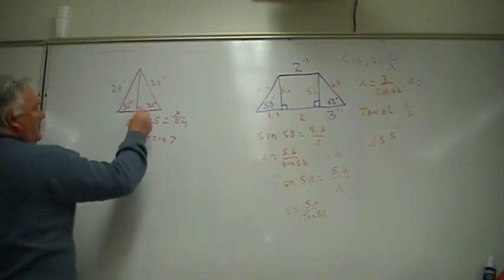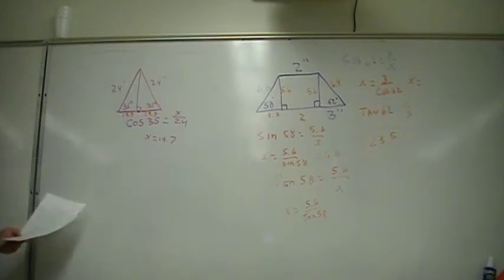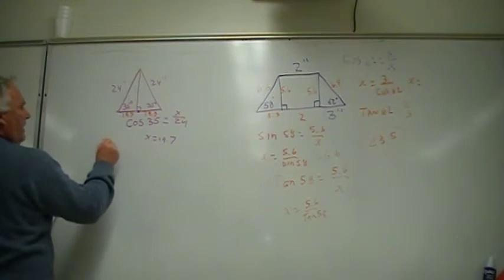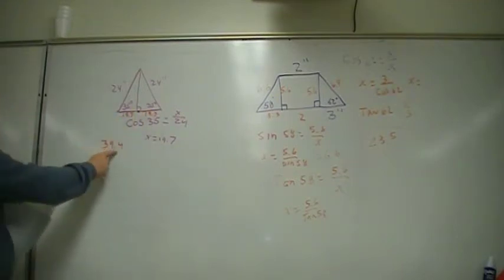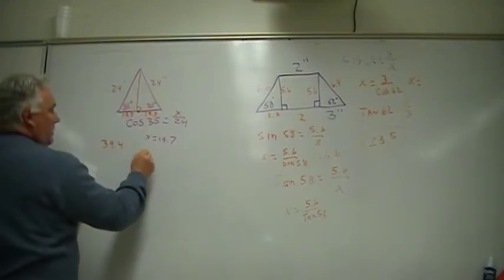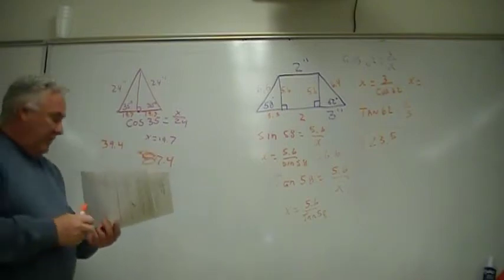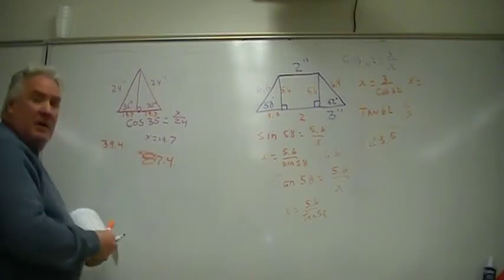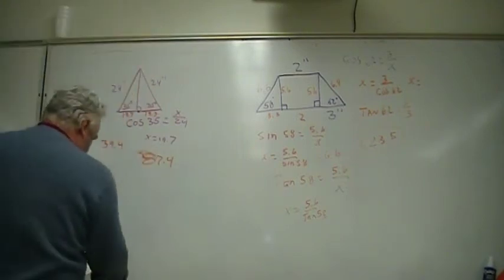So this is 19.7. That means this has to be 19.7. So the entire length is 39.4 when you add these two together. And then 39.4 plus the 24 and the 24 will give you 87.4. And that'll be the perimeter of that triangle. So that is 11 and 12.